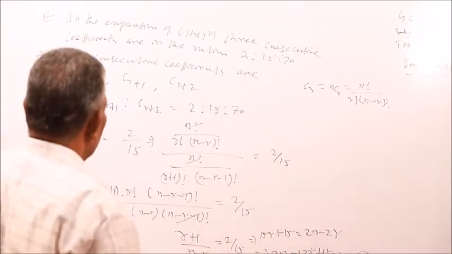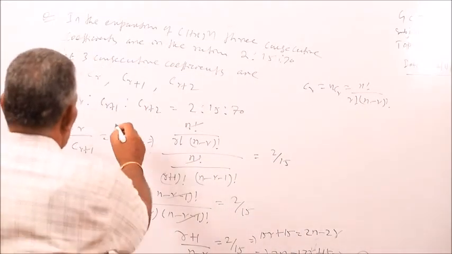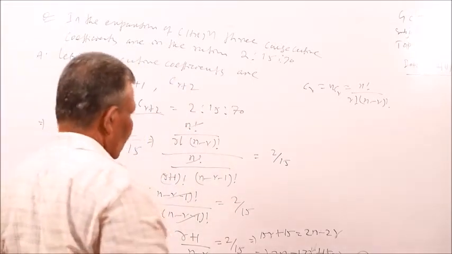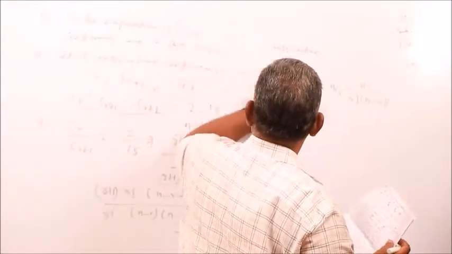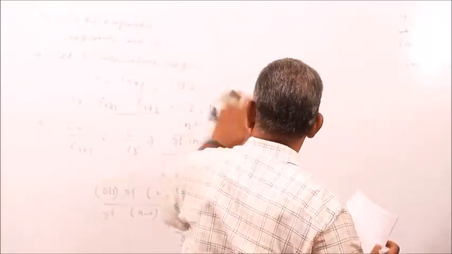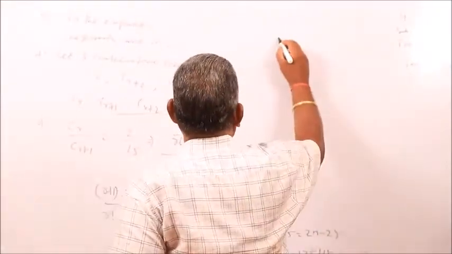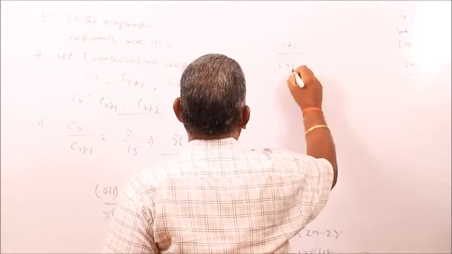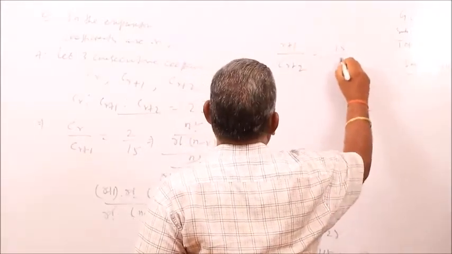Then we will take these two terms. Suppose C(r plus 1) by C(r plus 2) equals 15 by 70.